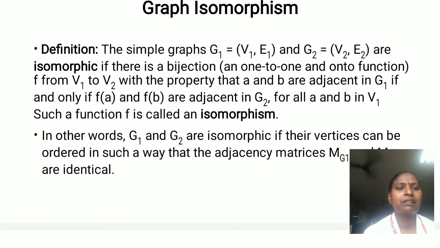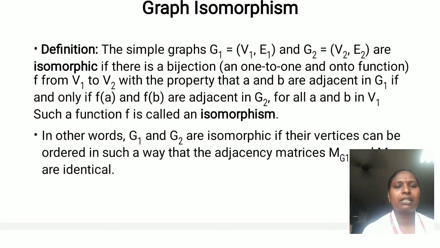Definition: for graph isomorphism, we are supposed to have two simple graphs, G1 equal to (V1, E1), an ordered pair, and G2 equal to (V2, E2). Here V and E are the vertex set and edge set.